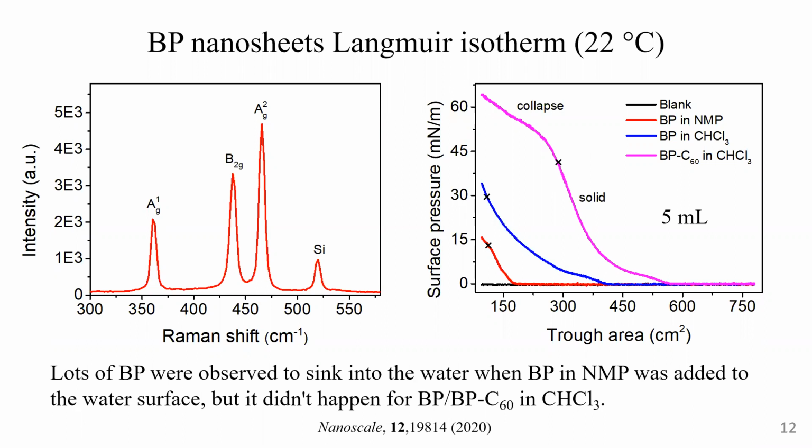Since from the curve, we can say this is quite sharp, this is regarded as the solid state of the monolayer. If we go further, the line becomes shallow. So that indicates the monolayer collapse.